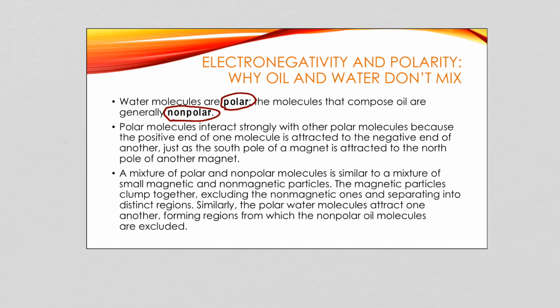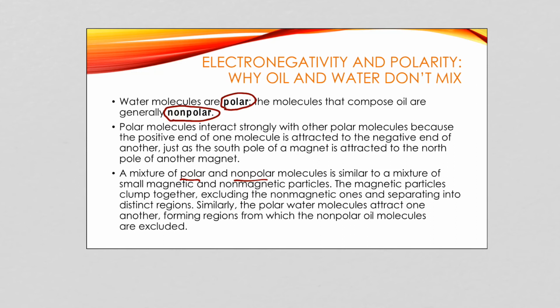But if we mix polar with nonpolar, they will tend to repel each other. They don't like each other because a polar molecule can't make that same attraction. There are no positive and negative poles here, so it can't make the same strong attraction that it can with other polar molecules.